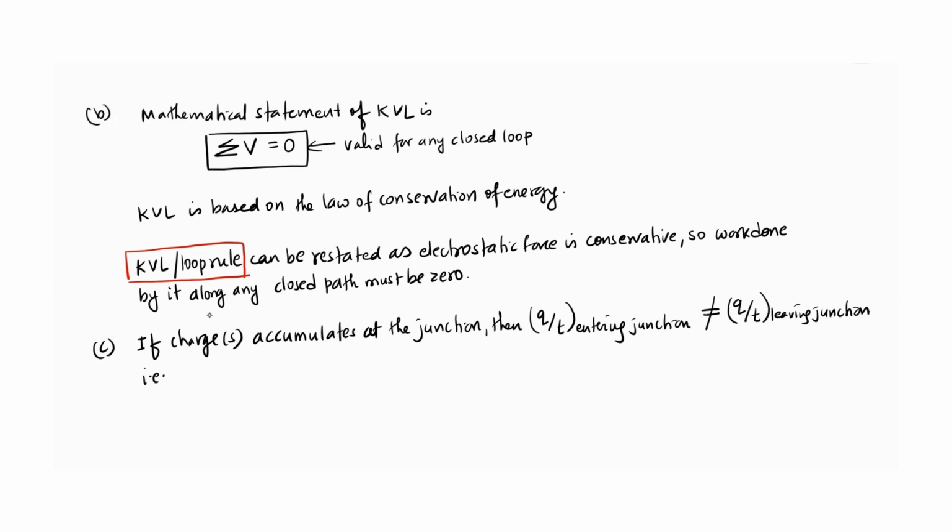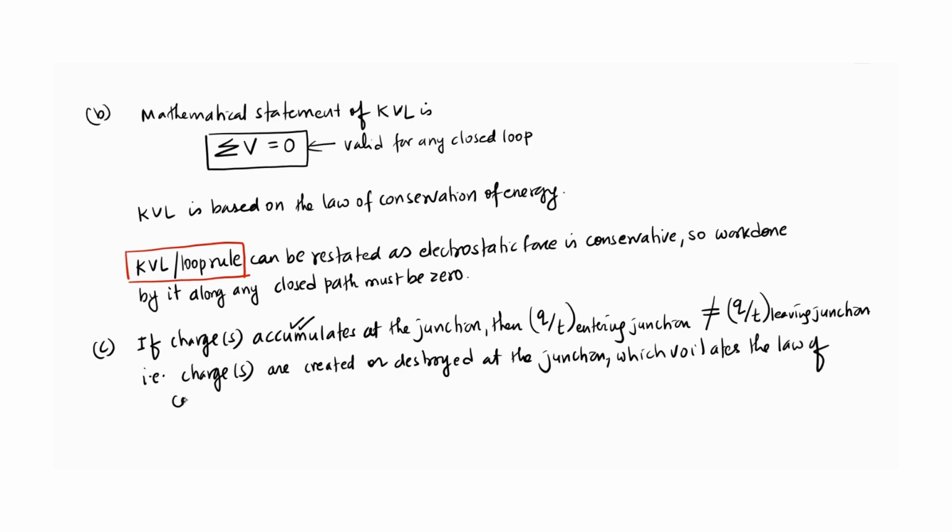So that is, charge or charges are created or destroyed at the junction, okay, which violates the law of conservation of charge. So we cannot have accumulation.